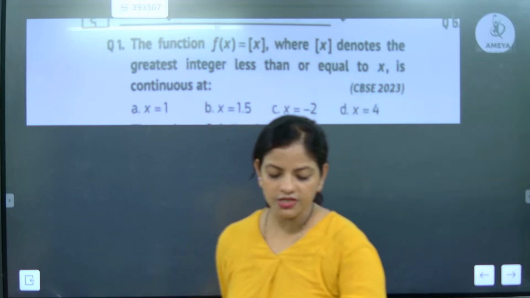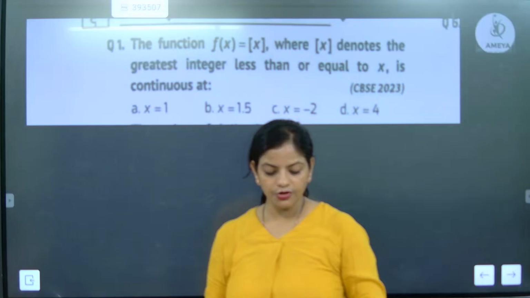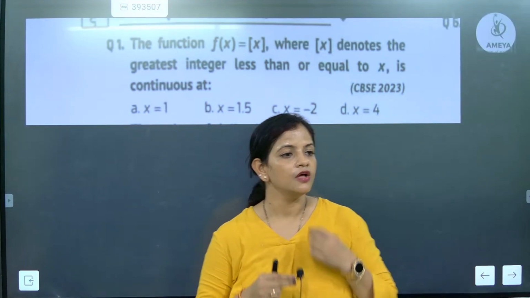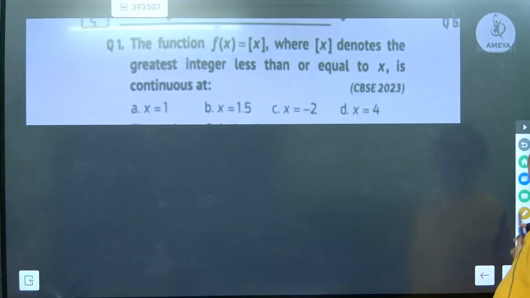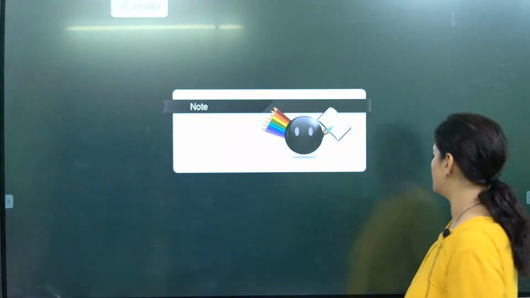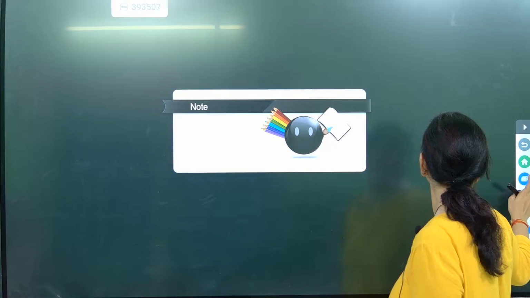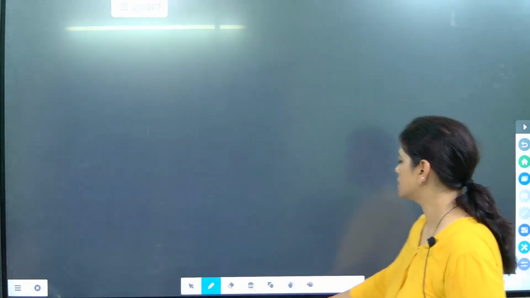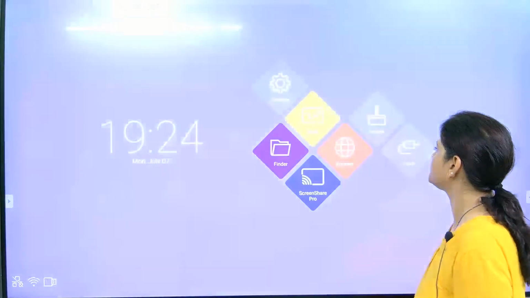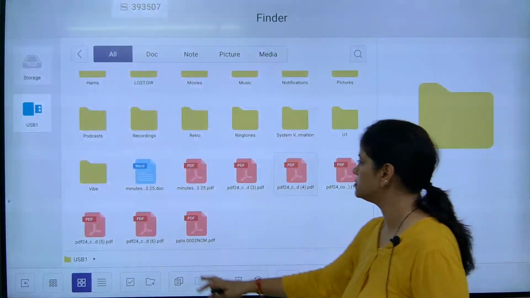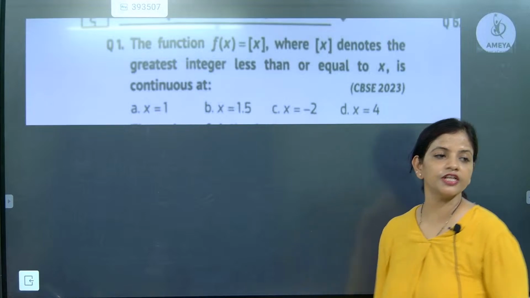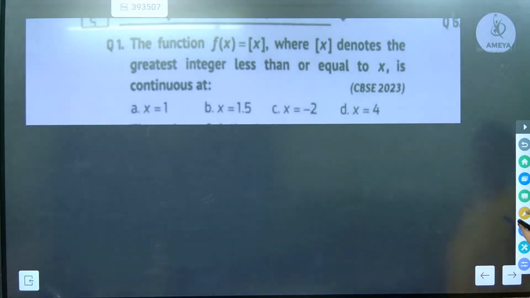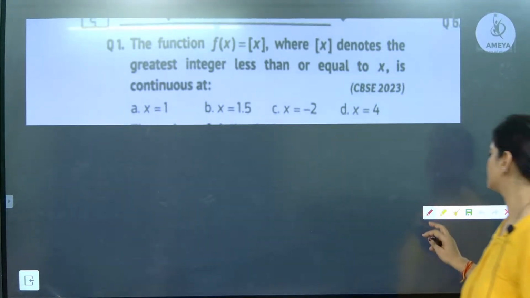First you need to understand some very important points to remember from the examination point of view. The greatest integer is the floor function, which is considered as the floor function.